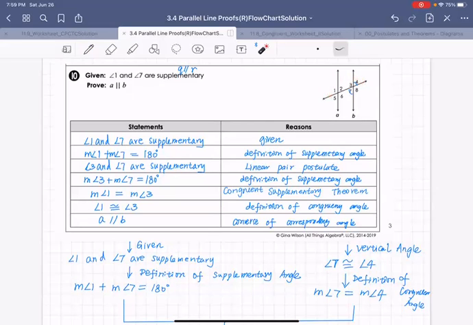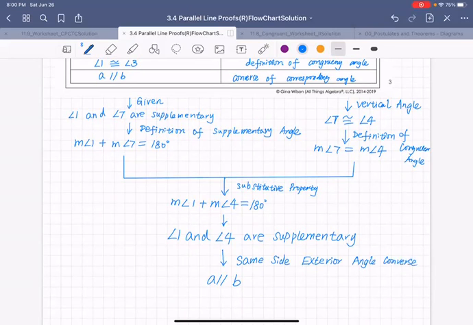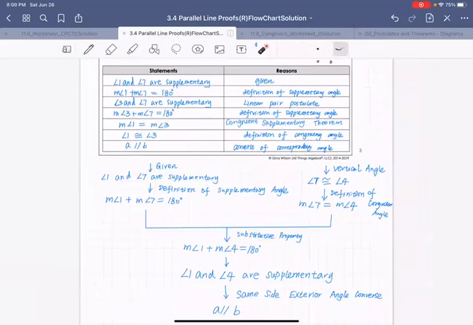They're same side exterior angles. Converse. Very good. So by this way, we are able to prove.